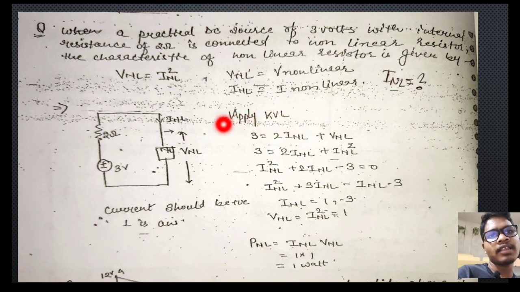So apply the KVL equation here, that means 3 volt is equal to 2 into INL plus INL square, because VNL is given as INL square in the question.